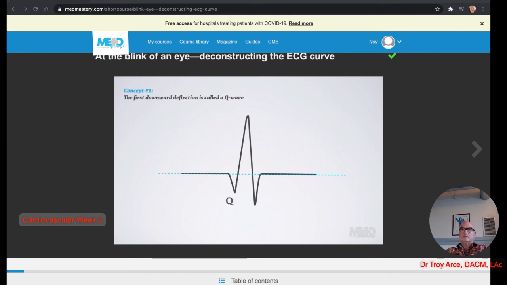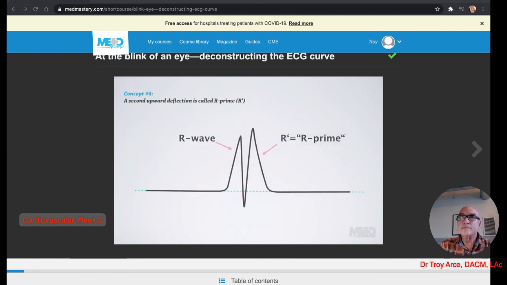Concept number 1, the first downward deflection is called a Q wave. Concept number 2, any upward deflection is called an R wave. Concept number 3, any downward deflection that comes after an R wave is called an S wave. Concept number 4, a second upward deflection is called R prime.